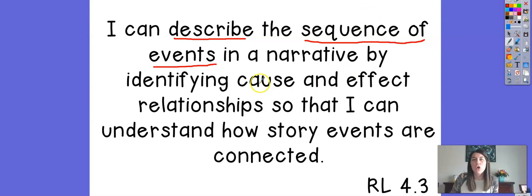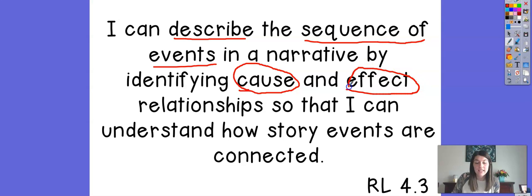You have seen cause and effect relationships before, but here's a reminder: the cause is the thing that makes an event happen, and the effect is the change that one thing causes on another. And then we're going to see how the story events are connected, which simply means related.